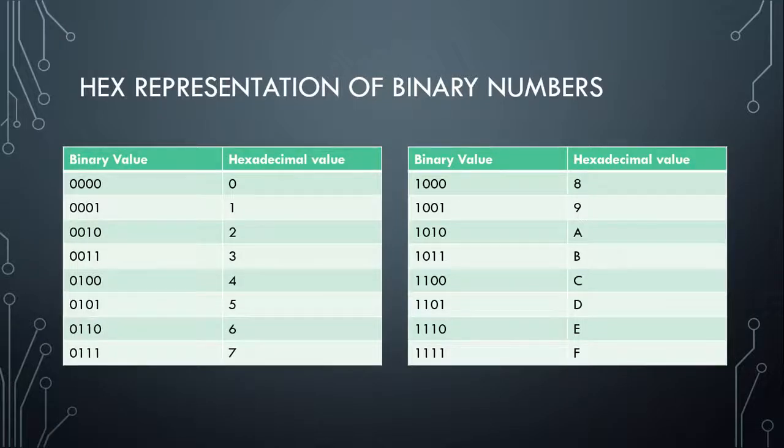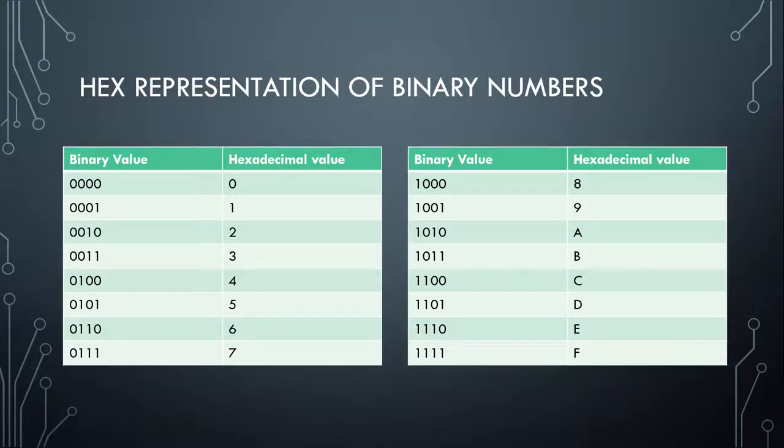So let's look at a quick hex representation of binary numbers. Here we have our binary values, and this is a handy cheat chart for you to know what they all mean. You might see this again when we talk about converting from binary to hex. For example, I'm just going to go over a couple of these. A binary value of 0000 is obviously 0, and a binary value of 0001 is obviously 1. You can see those are pretty straightforward all the way up into 9.